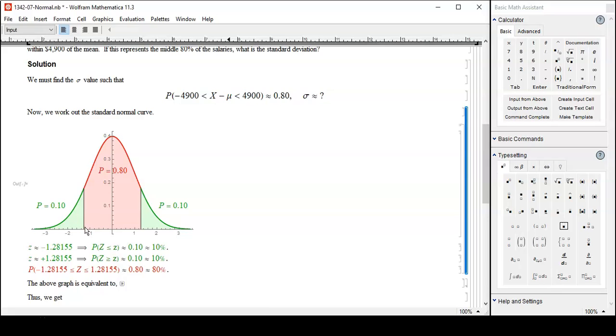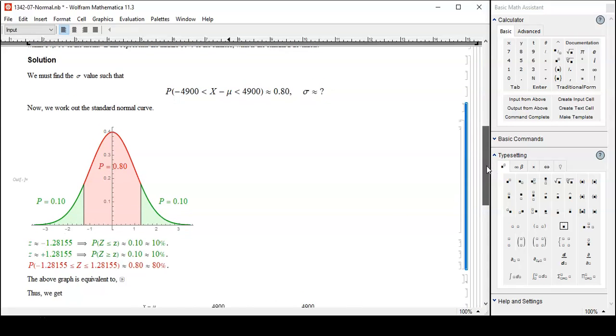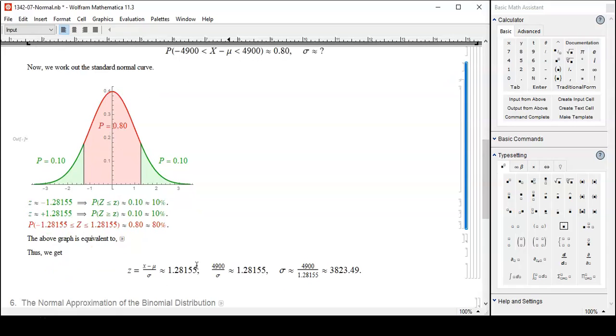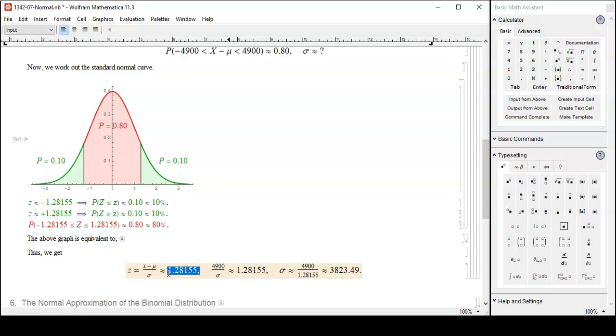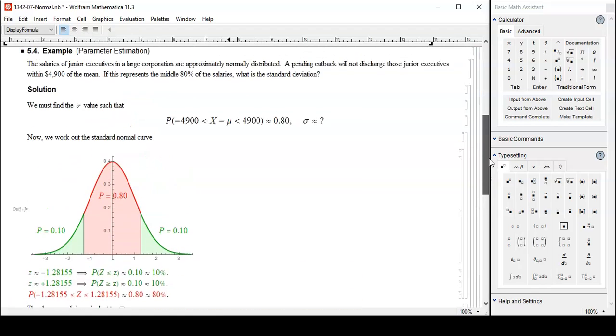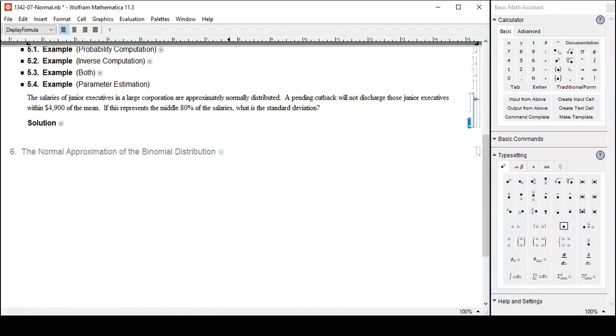That's the z-score. So z equals x minus mu over sigma, 4,900 over that. I threw away the negative signs because we want a positive number anyway. Then divide, and it works out to $3,823, so about $3,800. That's the standard deviation.